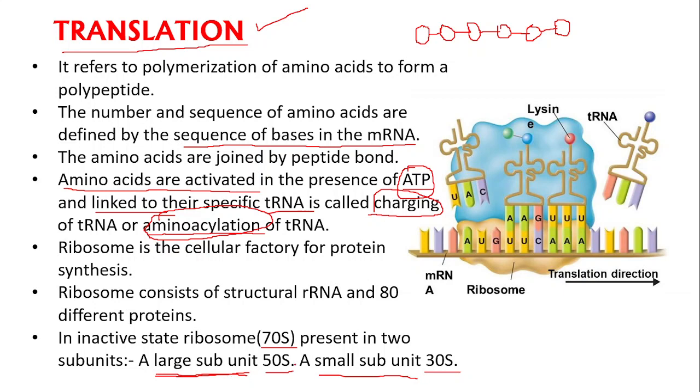When the 50S and 30S subunits unite together, they form the 70S ribosome. Clear? And what exactly is meant by S here? The S is nothing but Svedberg's unit.